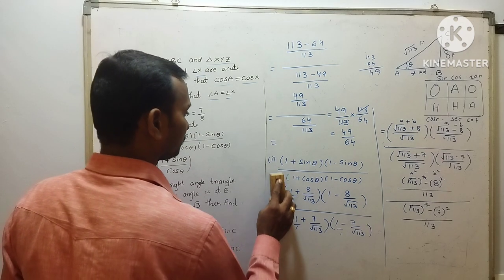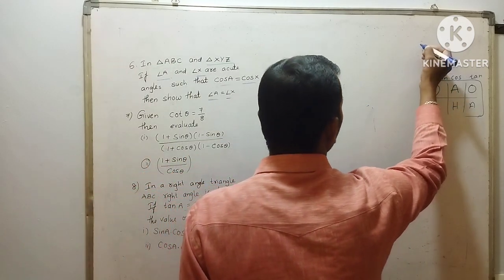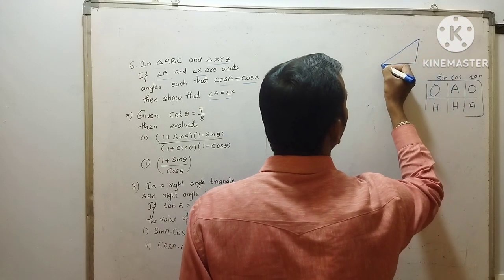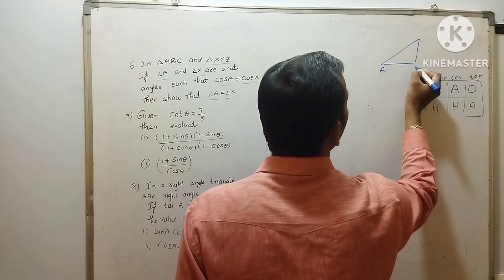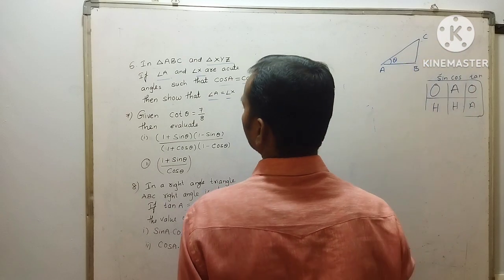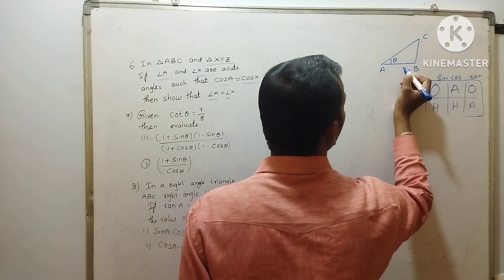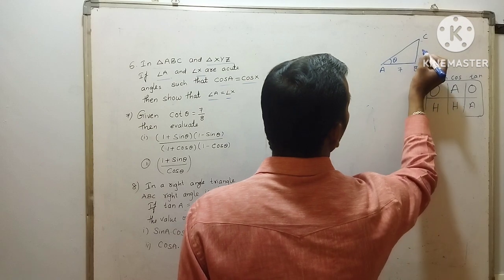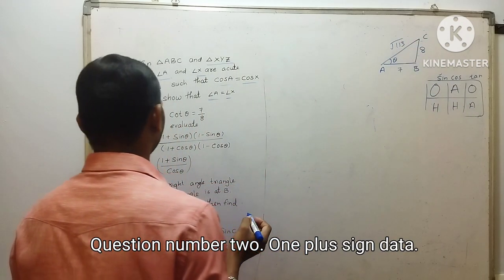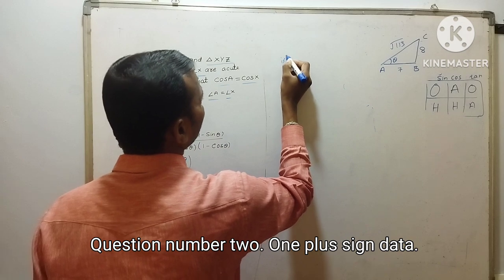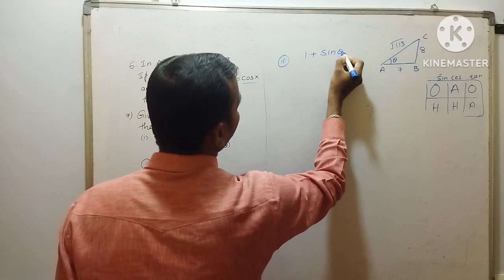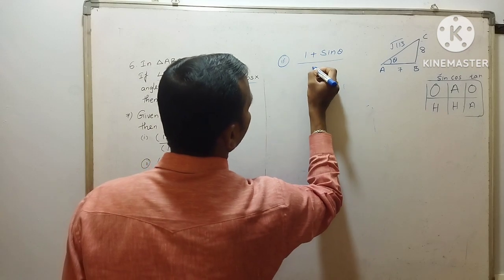Next question. Question number 2. This is question number 2: 1 plus sin theta by cos theta.